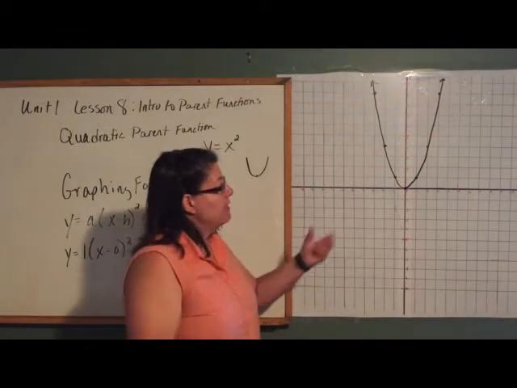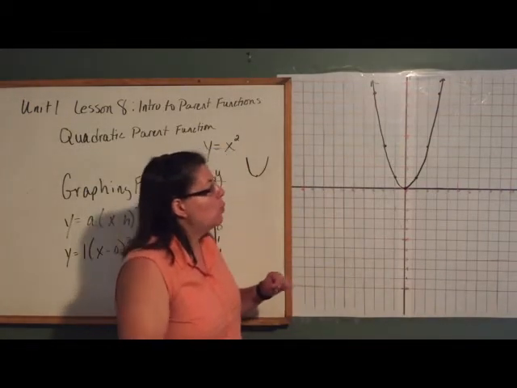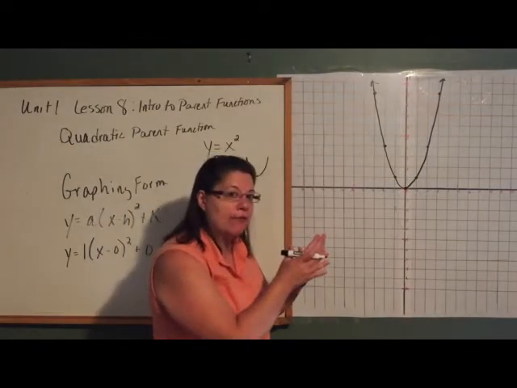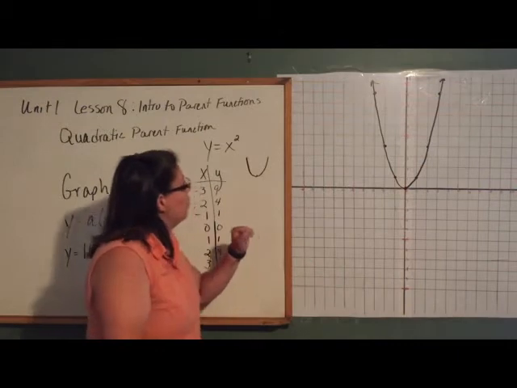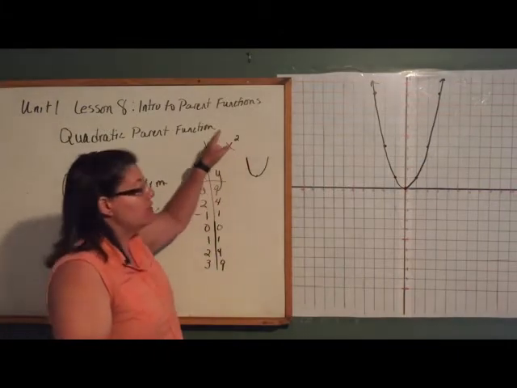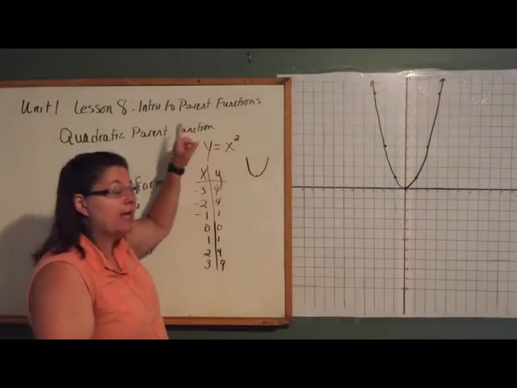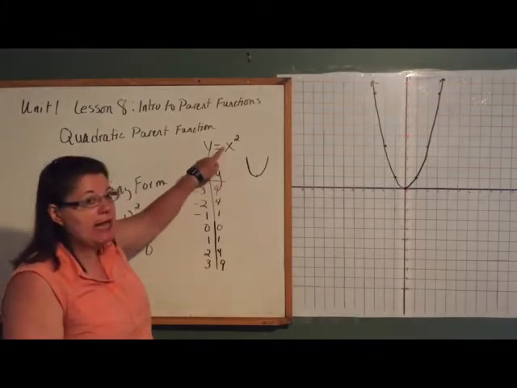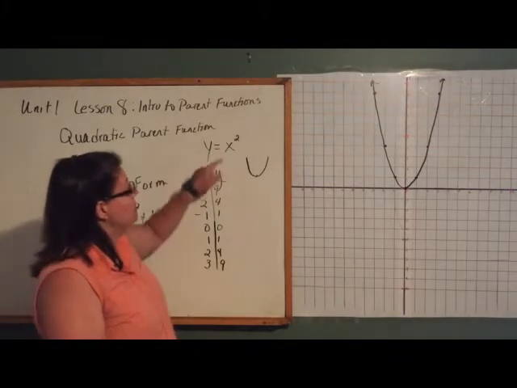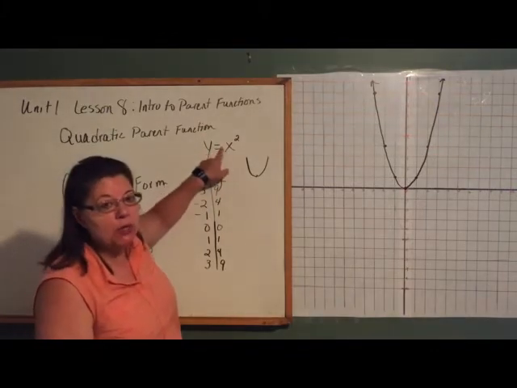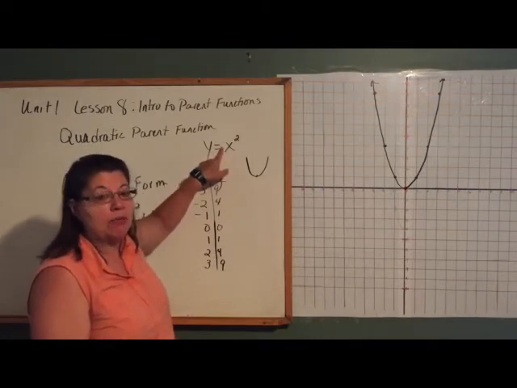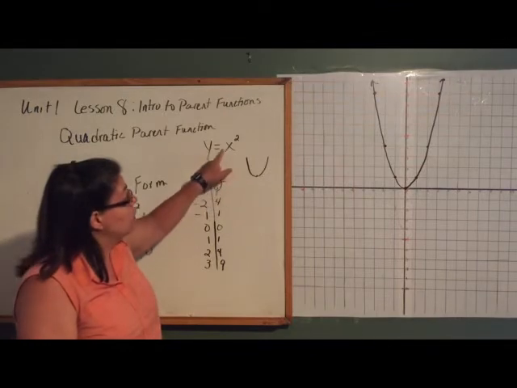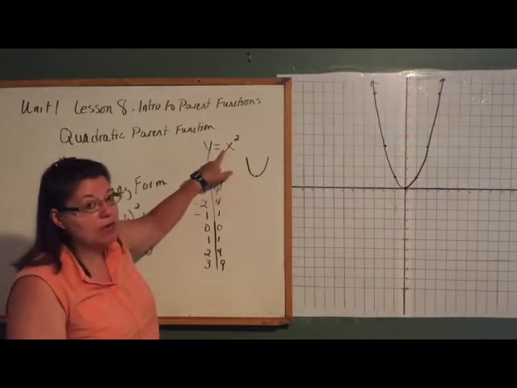Now, the next thing we need to understand is what happens to this graph. How is this graph going to change its shape if we do some different things to our equation? Like, what happens if we put a negative in front? What happens if we put a number between 0 and 1 in front, or maybe the absolute value between 0 and 1? So it could be positive or negative.